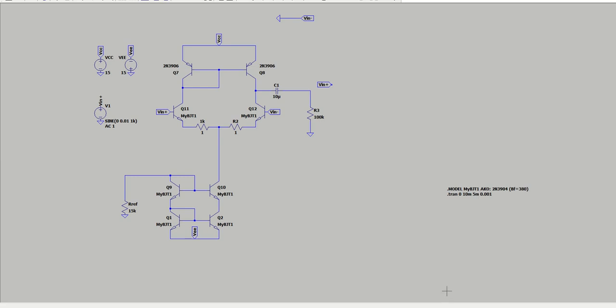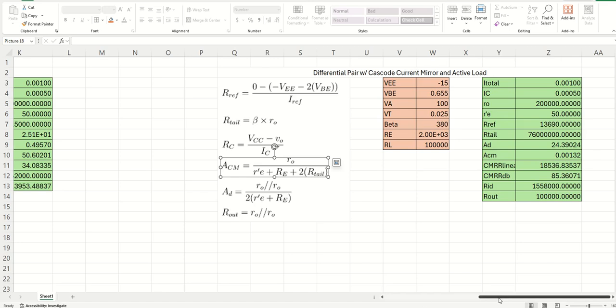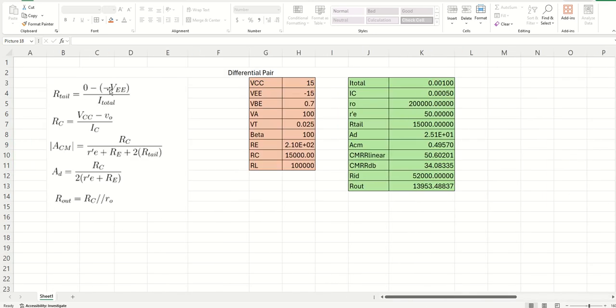So now we're looking at, okay, well, what about our tail resistor? Now we have this current mirror. How do we calculate our tail resistor? Well, before, we would calculate it by simply using VEE divided by the total current.